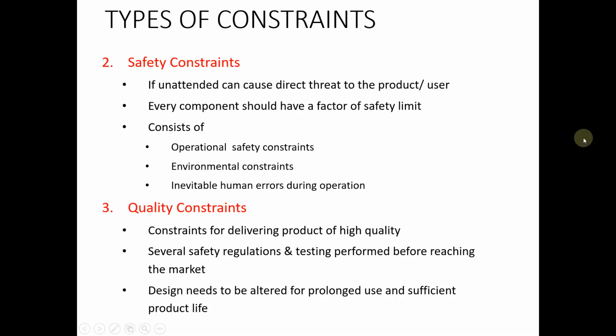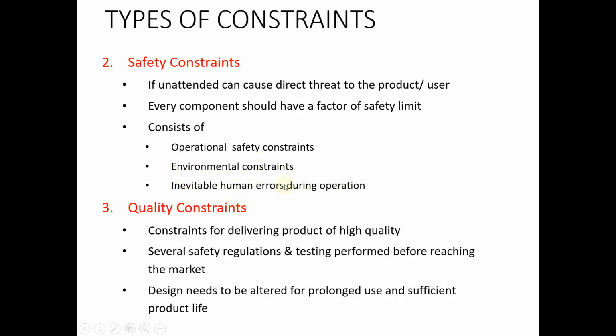And it consists of the operational safety constraints, that is the constraints that are applied during the normal operational condition. Then the environmental constraints, for example, humidity or any corrosive environment or heat, etc. And human errors during operation.